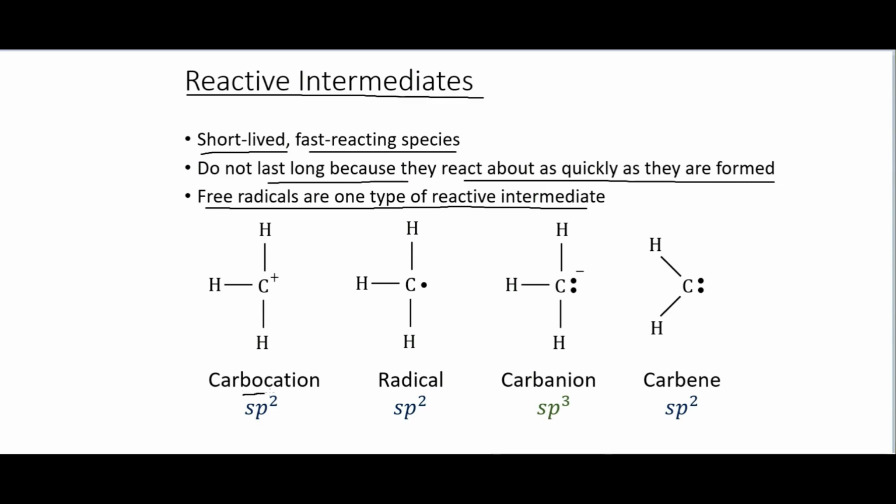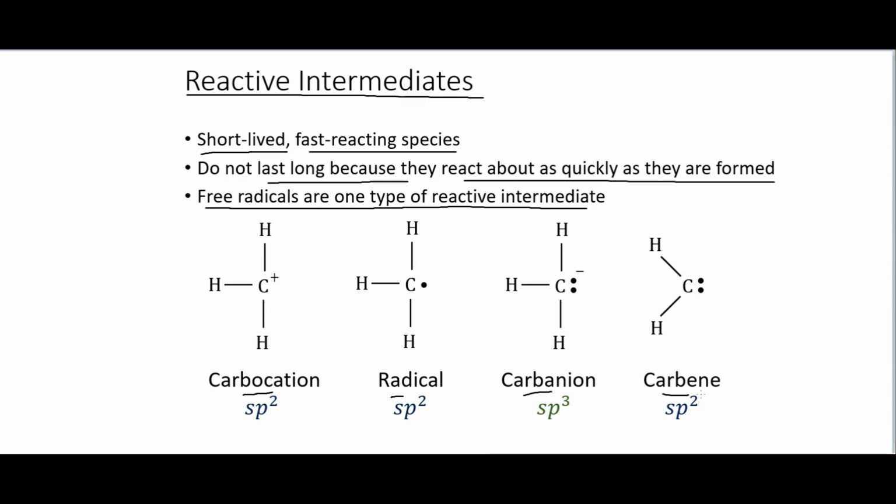So the carbocation, the radical, the carbanion, or the carbene, because these are very short-lived species that react extremely fast. And so you'll never have just a solution of one of these.